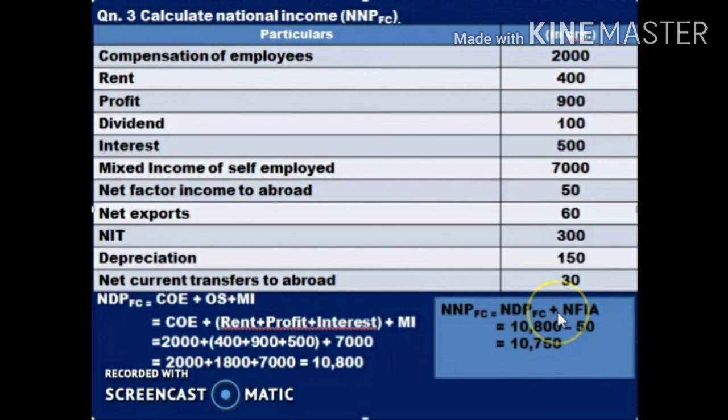So 10,800 minus 50, you will get 10,750. The other terms given in the question are simply to divert your ideas, so don't take those values. Okay, thank you, hope you understood. Thank you.